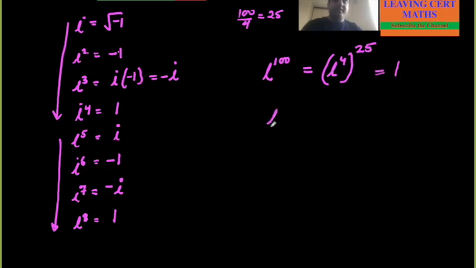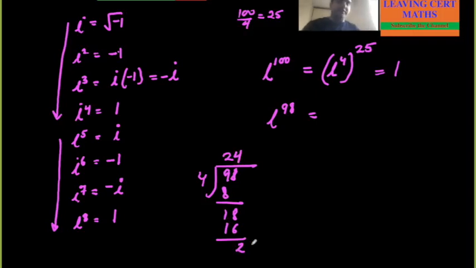If someone asks you what is i to the power 98, just divide by 4. You will get 24, and the remainder is 2, because 96 is divisible by 4.